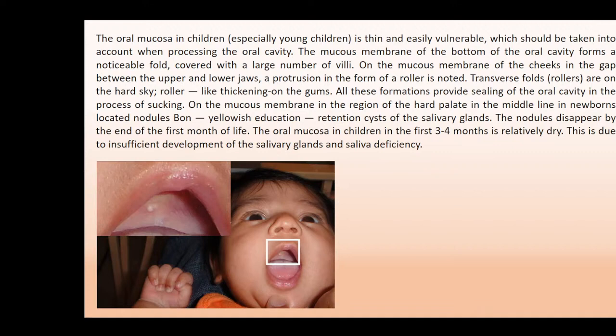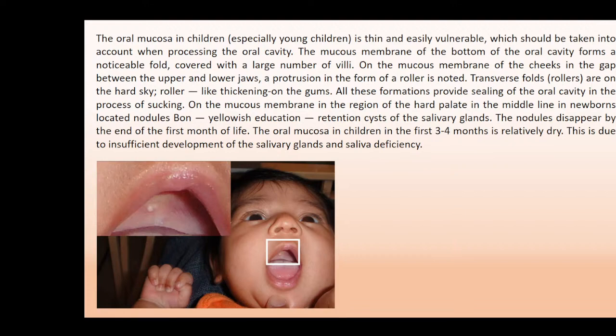Transverse fold rollers are on the hard palate, and roller-like thickening on the gums. All these formations provide sealing of the oral cavity in the process of sucking.